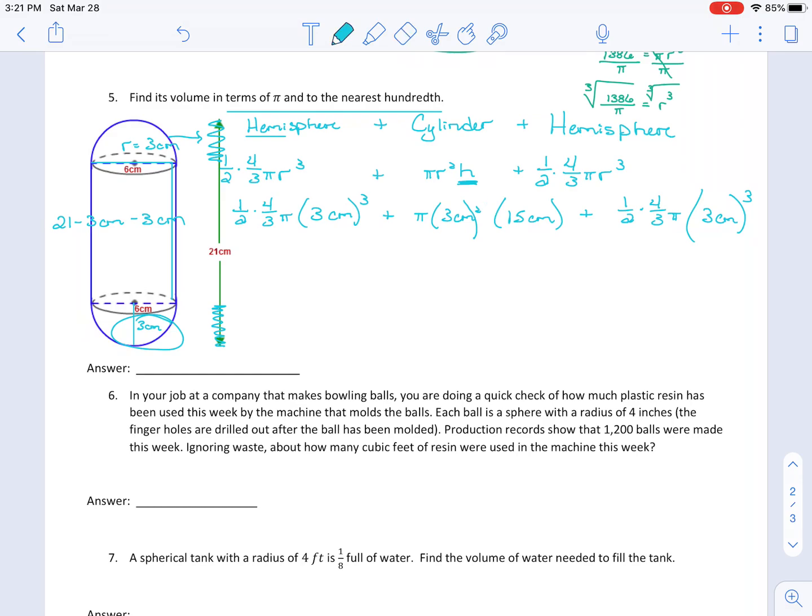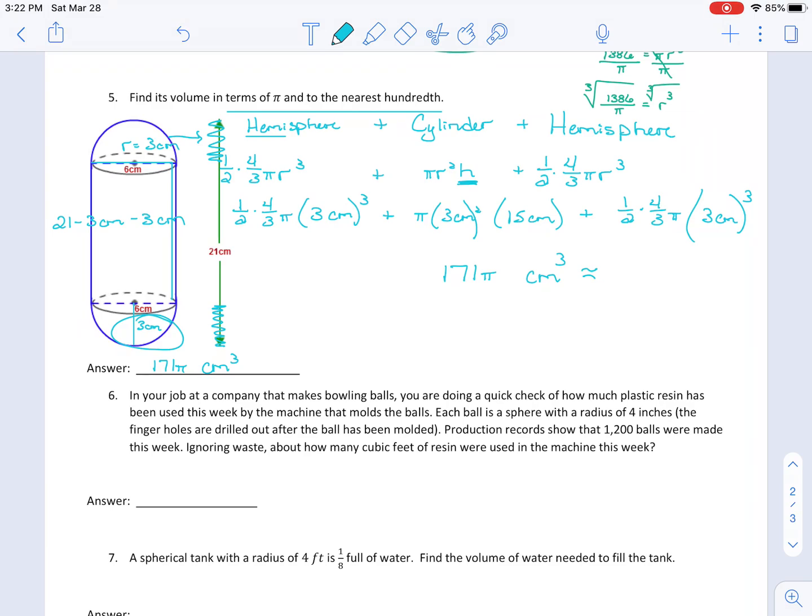I need to make sure I square that 3. So I'm going to add on 3 squared times 15 plus another 1/2, 4/3, 3 to the 3rd power. That just gave me 171, but remember, that was the pi's. I haven't told my calculator pi exists. So 171 pi centimeters cubed is one of the answers.